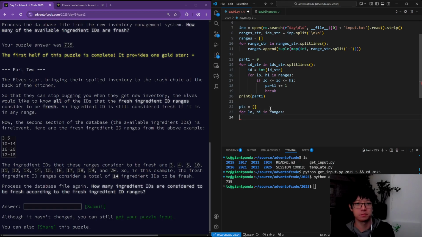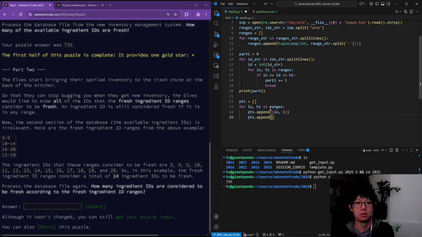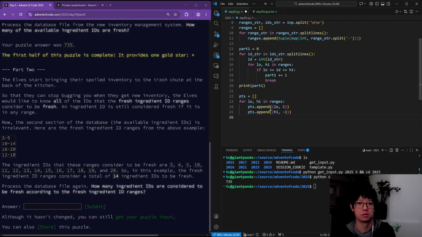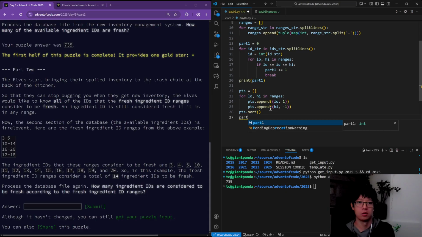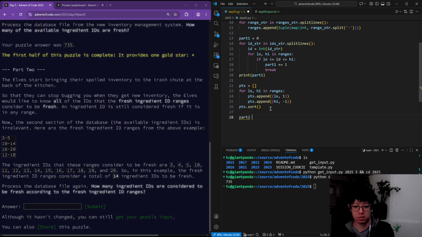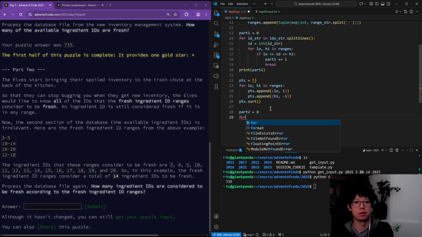Points. Low, and that's +1. That's -1. And then we can sort it. And then we can do, okay, and then now we do our math.